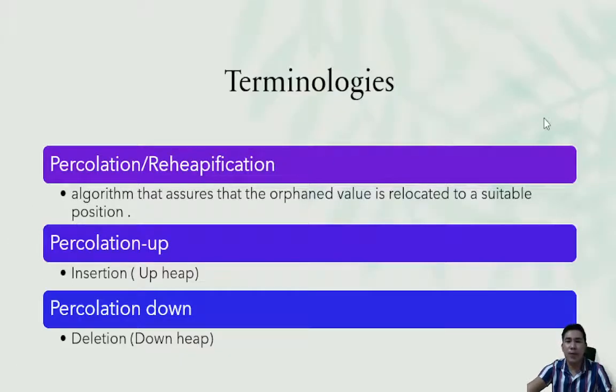Now before anything else, we are going to discuss a few terminologies of priority queues and binary heap. We have here percolation, or reheapification, or reheapify. Percolation or reheapification is the process of moving upward or downward through the nodes of the tree.